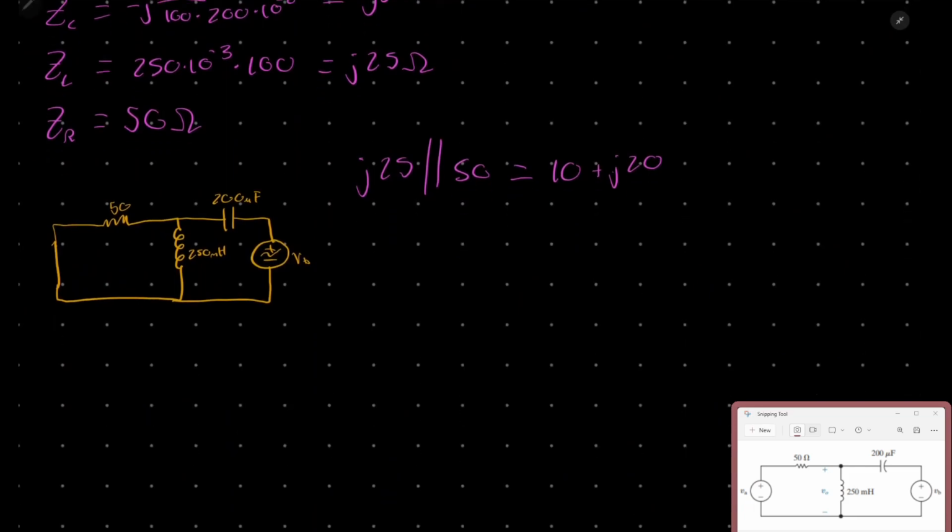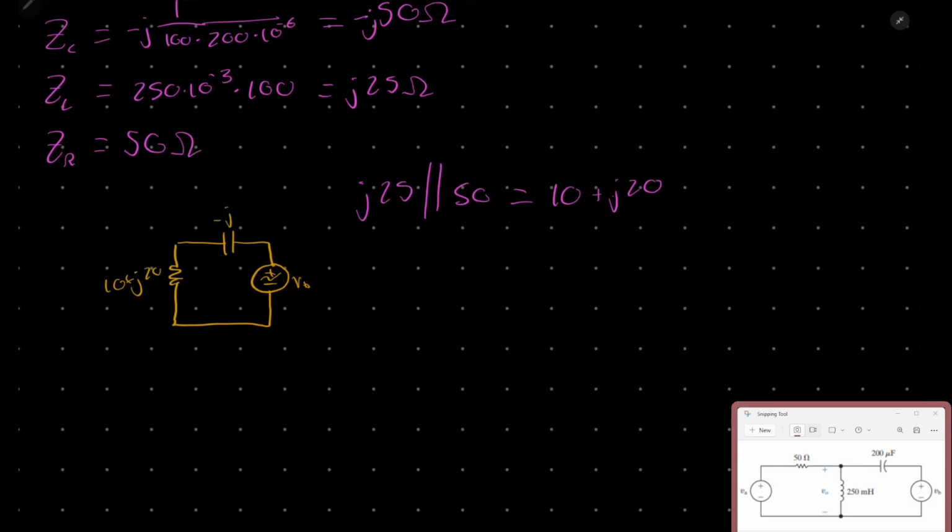So let's quickly just redraw our circuit. With 10 plus j20, and then this as our capacitor, which was negative j50.